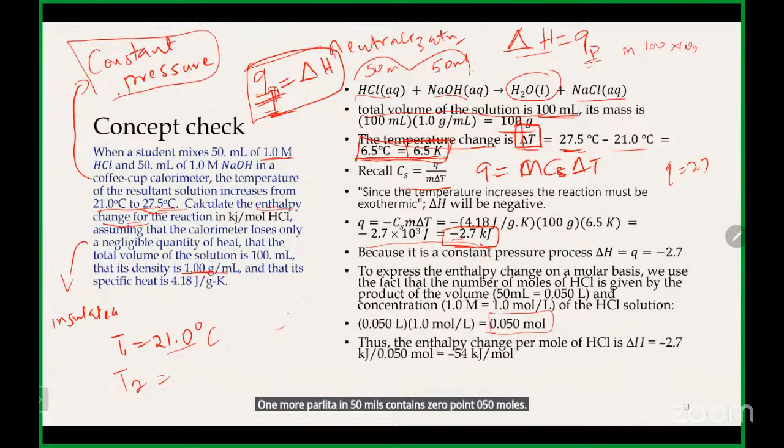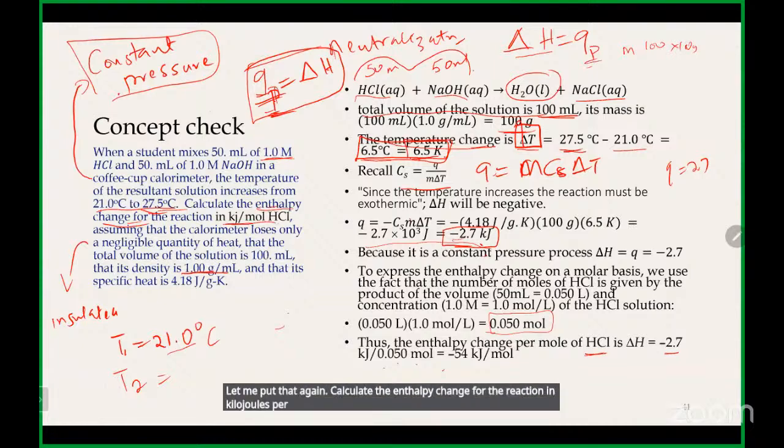So the enthalpy change per mole of HCl is minus 2.7 divided by 0.05 mole. Let me put that again. Calculate the enthalpy change for the reaction in kilojoules per mole of HCl.